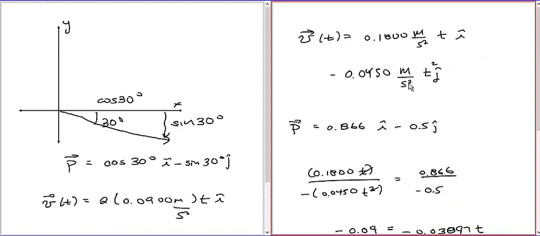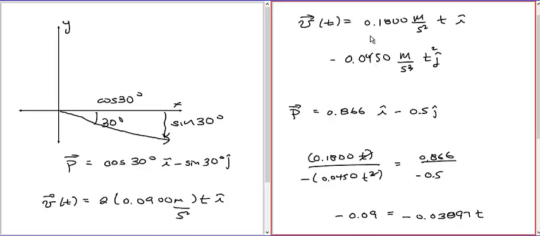So if I multiply it out, I'll get that. And if I stick t in here, t is in seconds, so that simplifies down to meters per second. Here I put seconds squared in, so that also simplifies down to meters per second. So that's the function. And what I said was the ratio of these two here has to be the same as the ratio of those two to give me the same angle.